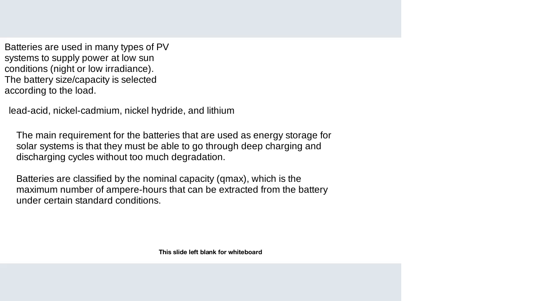I've seen that question being tested, so you might need to note that down. The Qmax, nominal capacity: the maximum number of ampere hours that can be extracted from the battery under standard condition.